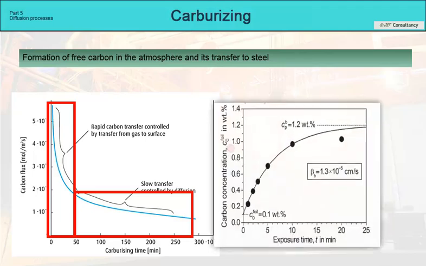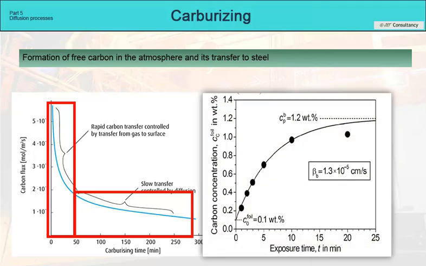For example, if we set the saturation potential of the atmosphere to 1.2% carbon, then according to the graph, this carbon concentration on the steel surface will be reached in 25 minutes. This will be approximately the moment when the difference between Cs and C0 will be the smallest. As the carbon concentration gradient subsequently decreases into the depth of the steel, the diffusion rate also decreases.